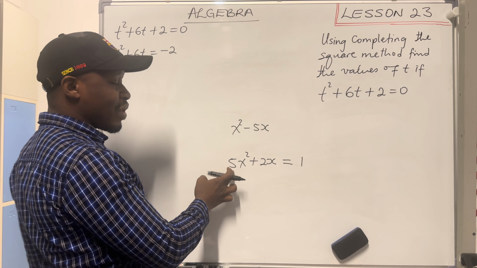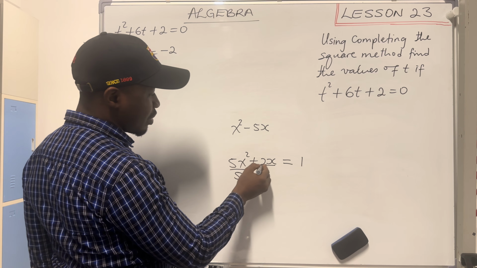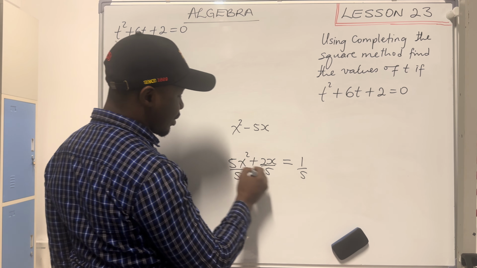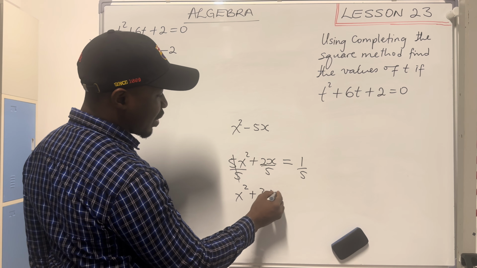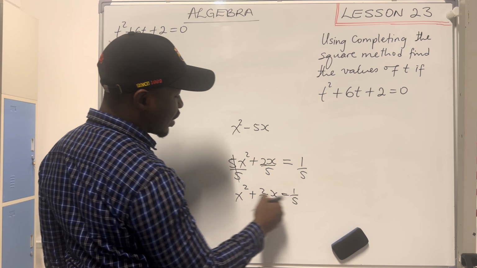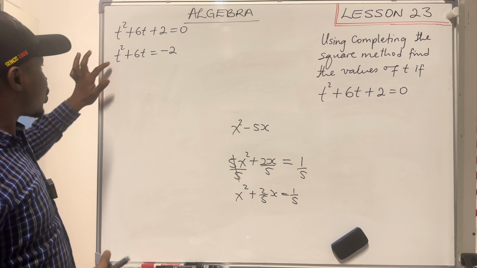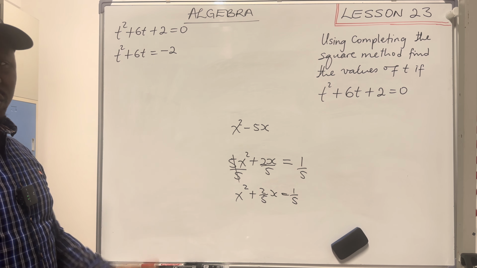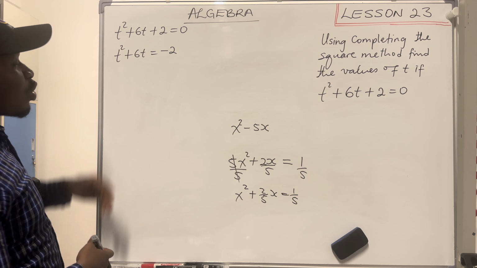The particular value that is there is what we use to divide every term. 5, 5, 5. So x squared plus 2 over 5 x equals 1 over 5. It is a must for the coefficient of the squared term to be 1 for us to complete the square. Here we are lucky enough that it is already 1.